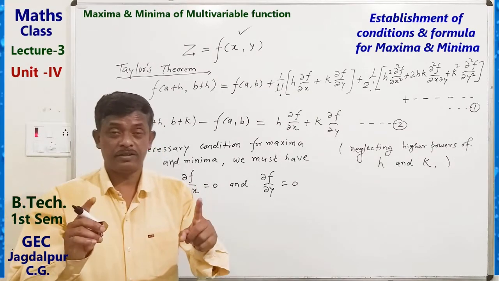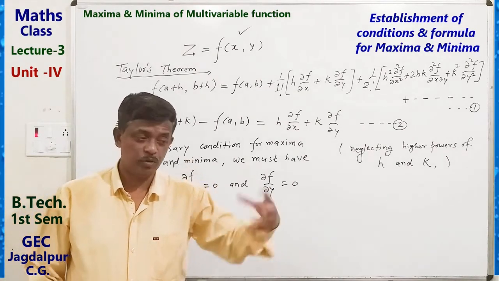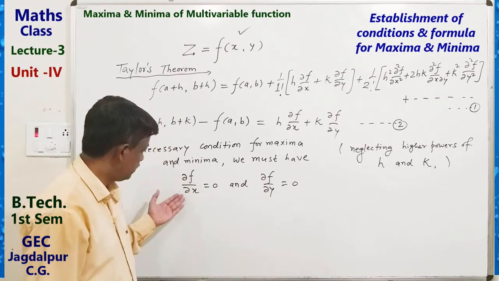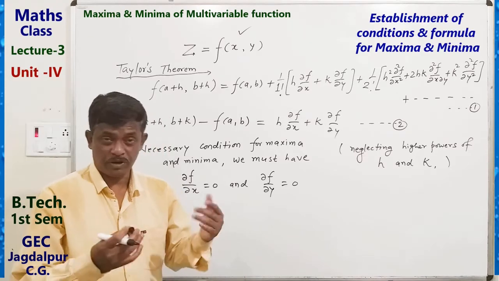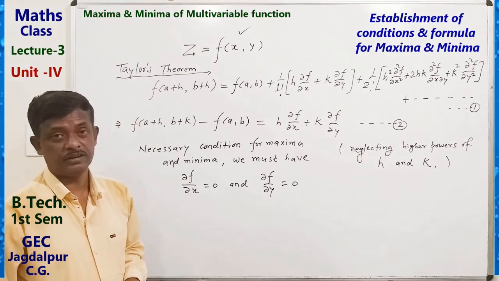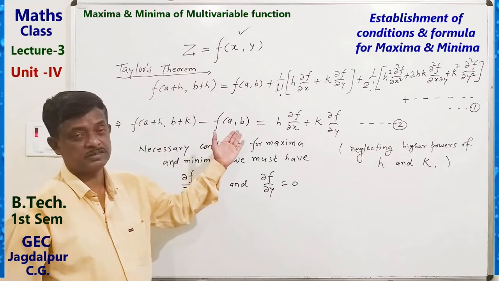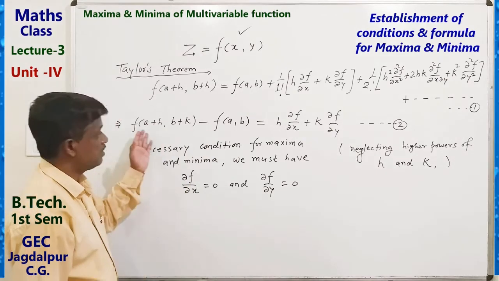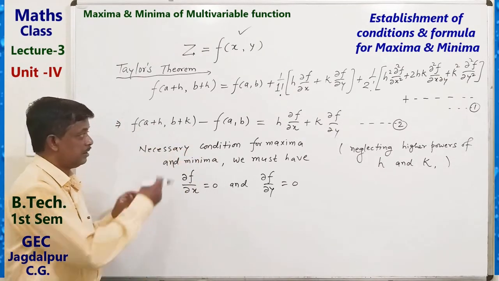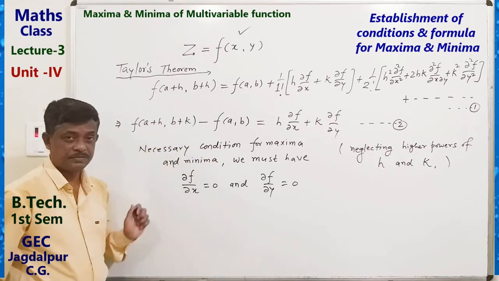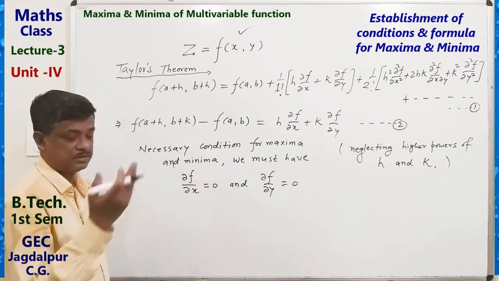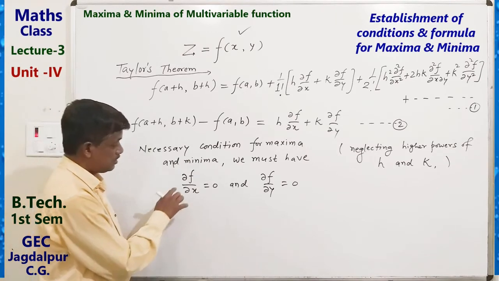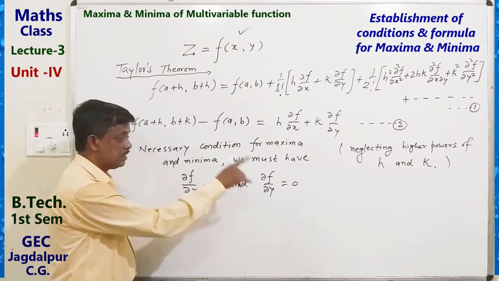The point in domain of the function where this and this are 0, for that point we are trying to find its sign. Its sign means either positive or negative. Sign should be the same.